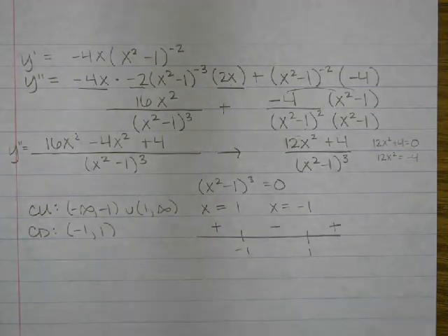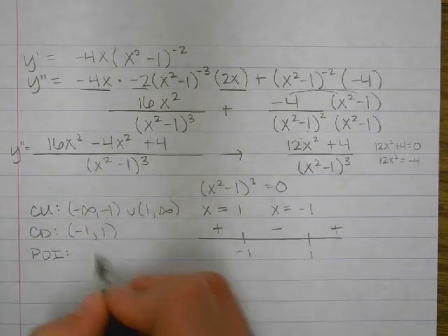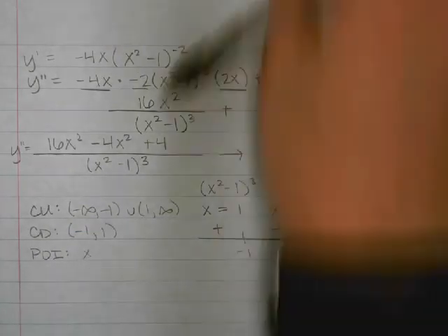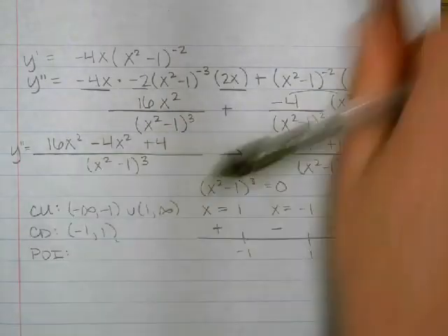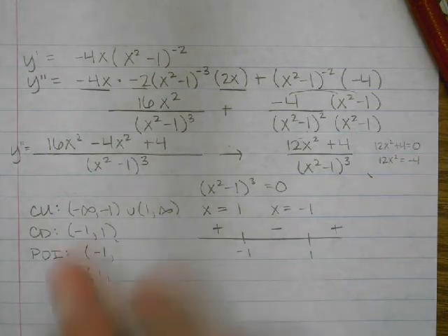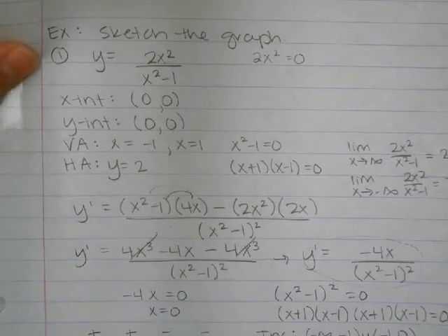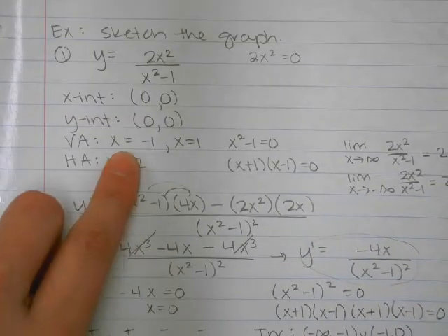And then our other conclusion would be that we have points of inflection at x equals negative 1 and x equals positive 1. So you would have started writing points, which is what I did when I wrote my notes, and then I went back and I looked at my other sheet and I was like, well, I can't plug those in because those are vertical asymptotes.